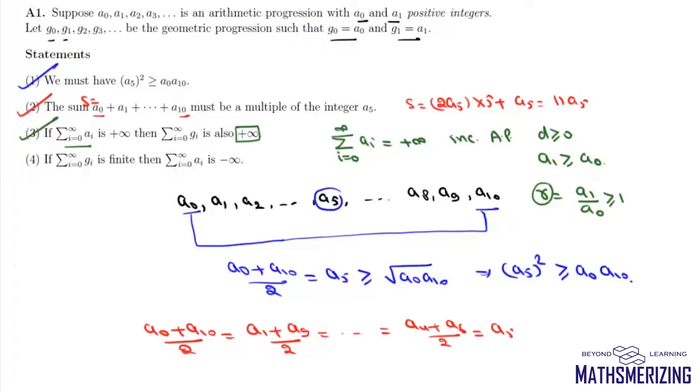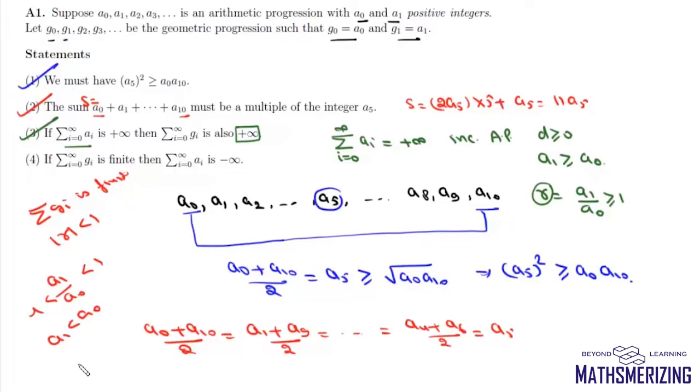Now if we look at statement 4, it says the sum of the infinite GP is finite. Now we know that the sum is finite when mod R is less than 1. Now it means A1 upon A0 will be greater than minus 1 but less than 1, and from here we'll get A1 is less than A0.